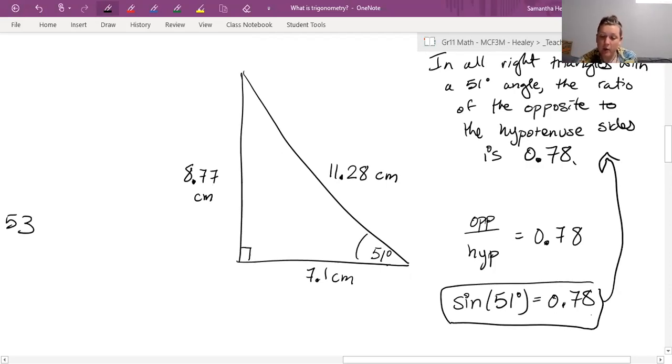That means when you have a triangle with a 51-degree angle in the corner and you label its sides in relation to that angle, and you take its opposite side and divide it by the length of its hypotenuse side, the ratio is always going to turn out to be 0.78. So this right here is just a compact mathematical statement.